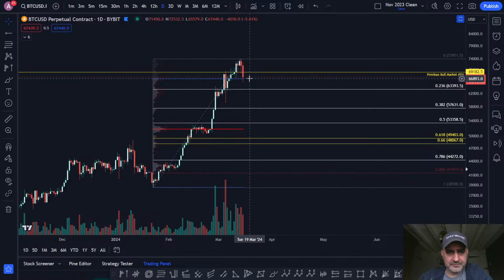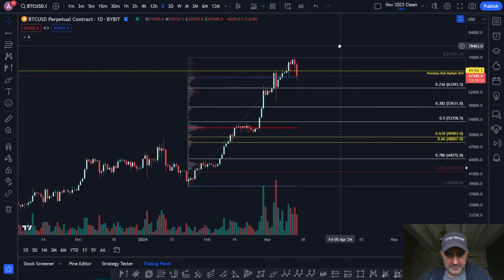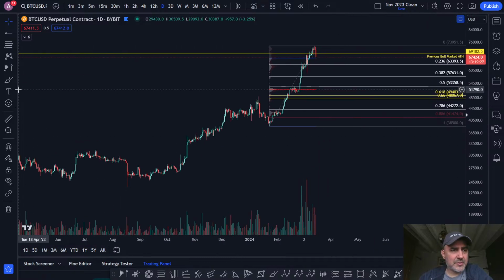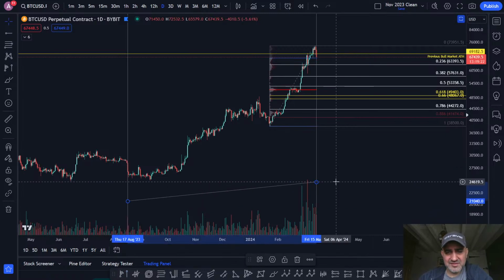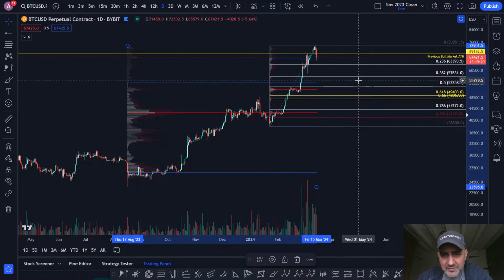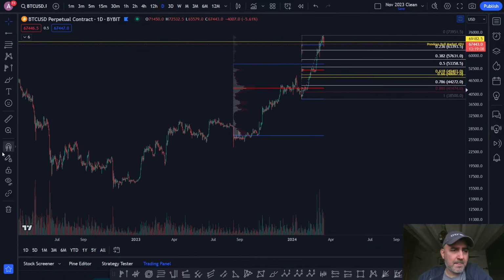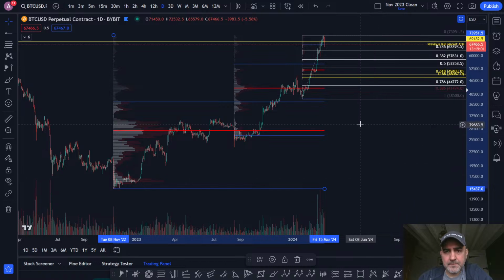You see that? That's quite interesting. The other thing I'm going to do is from this pivot here as well, just to have a look. Okay, so that's much lower down. I'll do it from here as well.